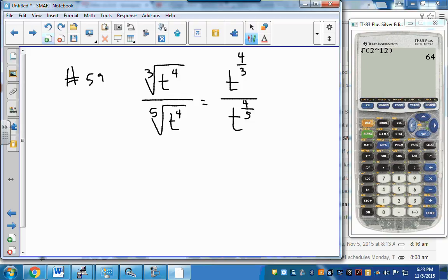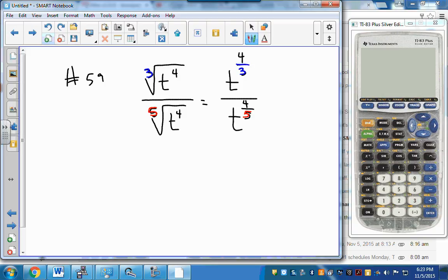Right? Remember, we're trying to get the roots on the bottom. So here's the root, and that has to go down here below the ground. And the same thing up here. This is the root, and that has to go below the ground here, like that.